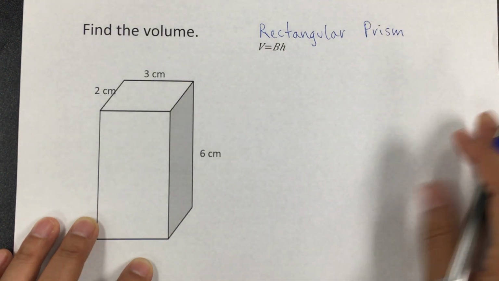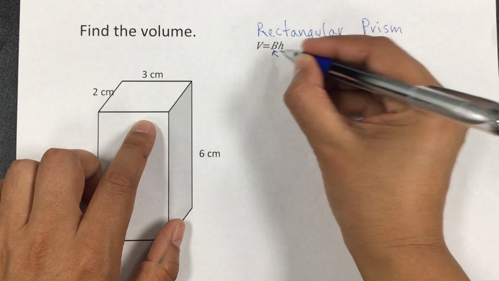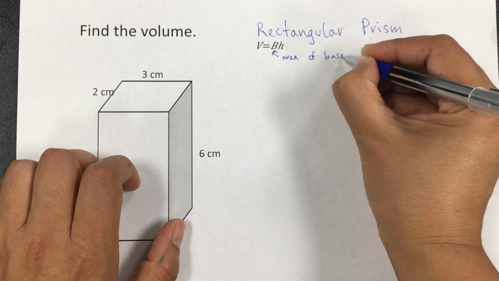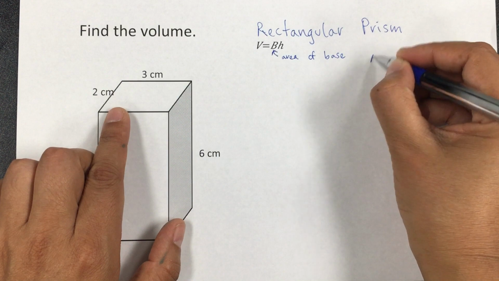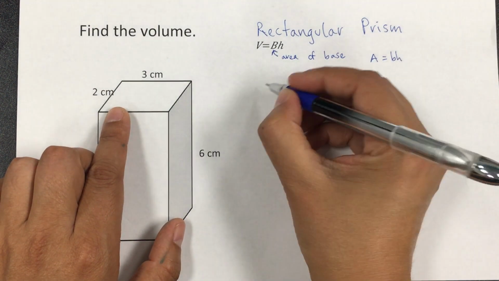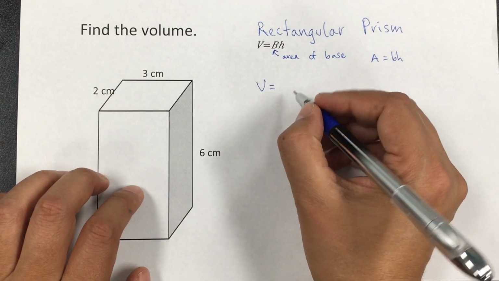And so again, the capital B represents the area of the base. The area of a rectangle is base times height, so we're going to put 2 times 3.